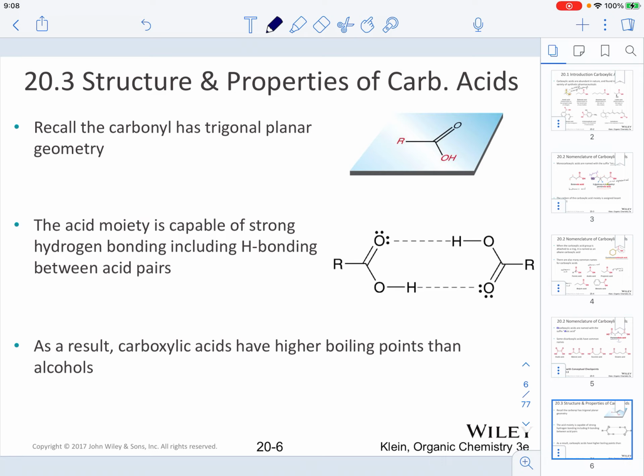When we look at the structure of carboxylic acids, remember that because the carbon atom is attached to a double bonded oxygen, that carbon atom is trigonal planar in its molecular geometry. One of the important things to remember about carboxylic acids is that they can actually undergo interactions with themselves.